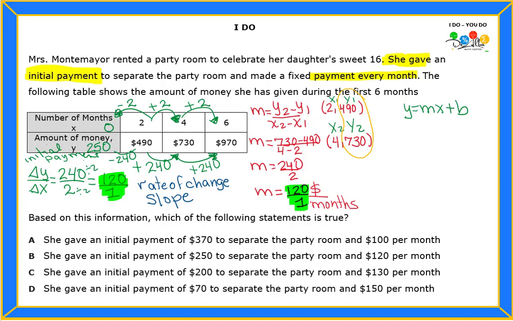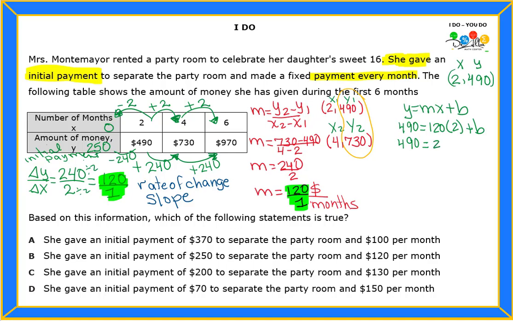So right now, I'm going to choose one of the points that I have, and that will be my x and my y value. Okay, so let's replace the values here. The y is 490, m is 120, x is 2. I'm choosing the point 2 and 490, okay? Plus b.